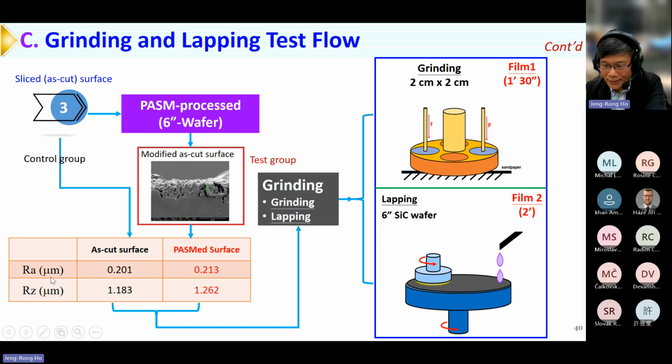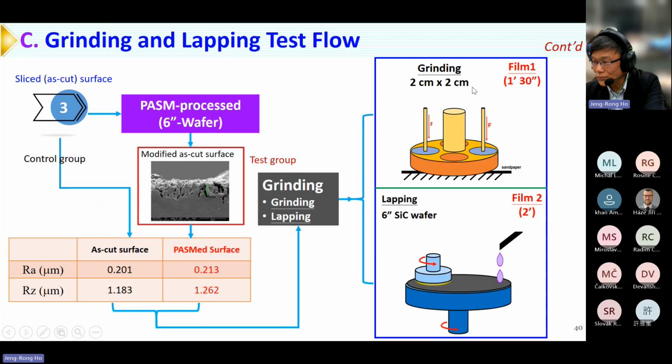For the surface conditions, ACDRC roughness is about 0.2 Ra, and Rz is about 1.2. After surface modification, the surface roughness is very close. And then we conduct grinding.